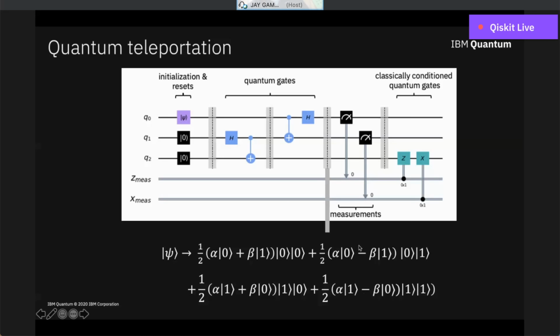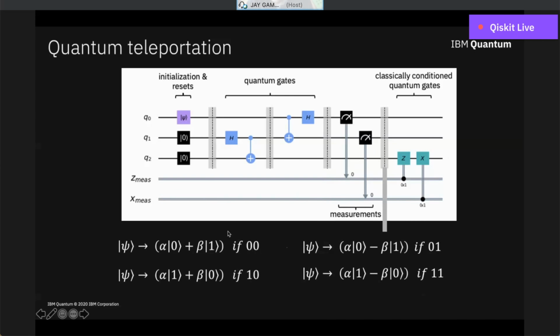So now you can see that if I was to measure these two qubits and I get 0, 0, I can do nothing, and then I can have my quantum state. If I was to measure and get 1 for the first one and 0 for the second one, I then go through and just flip it and apply a Z operator, and this takes this negative sign and creates back the initial state.